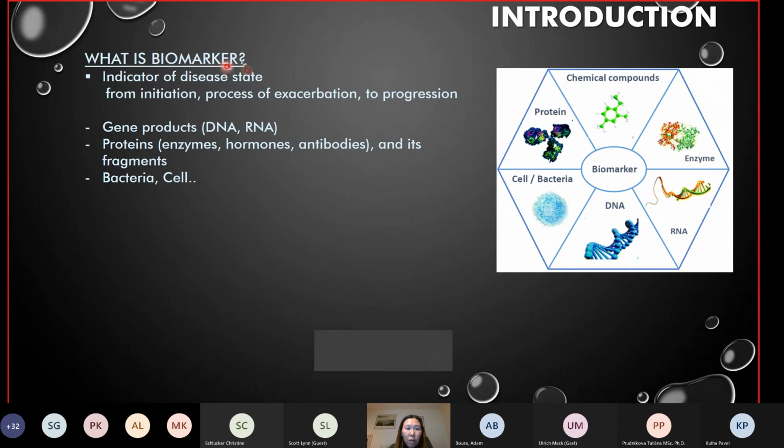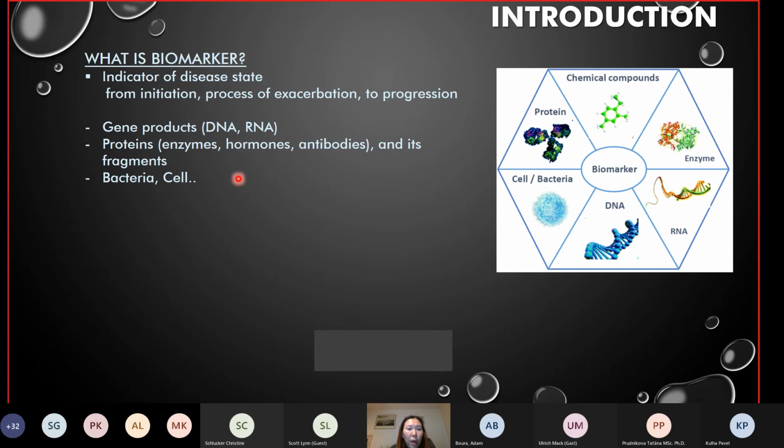So what is a biomarker? Basically, it's an indicator of disease states. It can be DNA, RNA, cells, bacteria, protein, enzyme, everything. For example, in the current COVID-19 situation, RNA is the biomarker to confirm or indicate whether we have this COVID-19 disease or not.